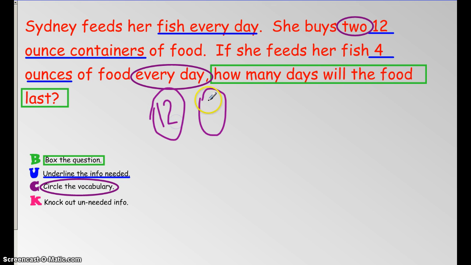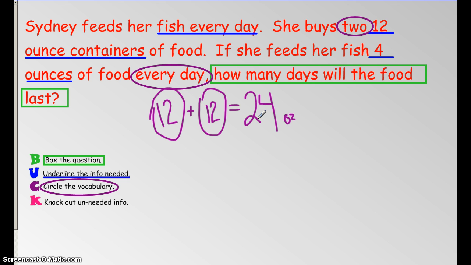Good, 12. And this container also had 12 ounces of food. Okay, so how many ounces of food did she have? So I'm going to add 12 plus 12 and come up with, she had 24 ounces of food.